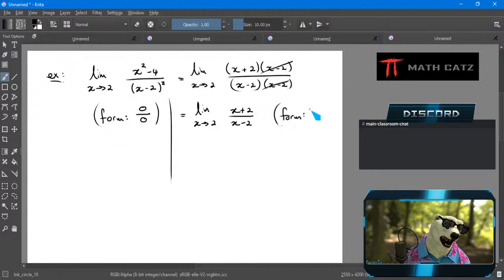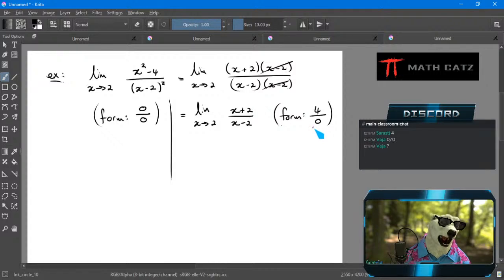No one's awake. I know. I knew this was going to happen. Hopefully you didn't fall and bang your head on the desk when you fell asleep. At least put a pillow nearby. 4. It is not 0 over 0. Numerator goes to 4. Denominator goes to 0.